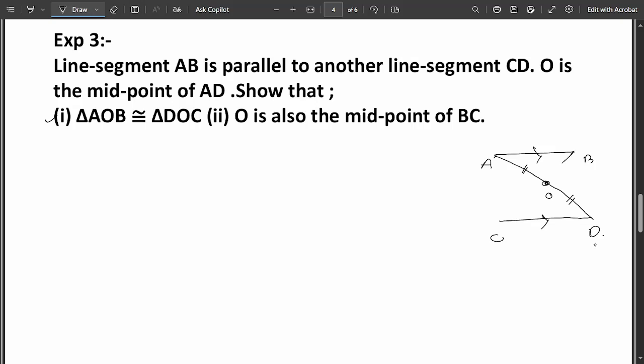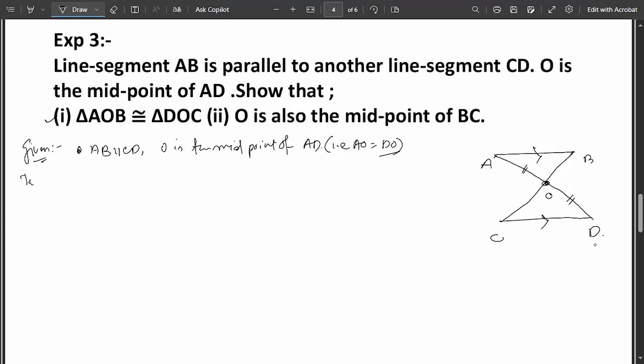That means we have to join these points. So what is given? AB is parallel to CD, and O is the midpoint of AD, that is, AO equals DO.